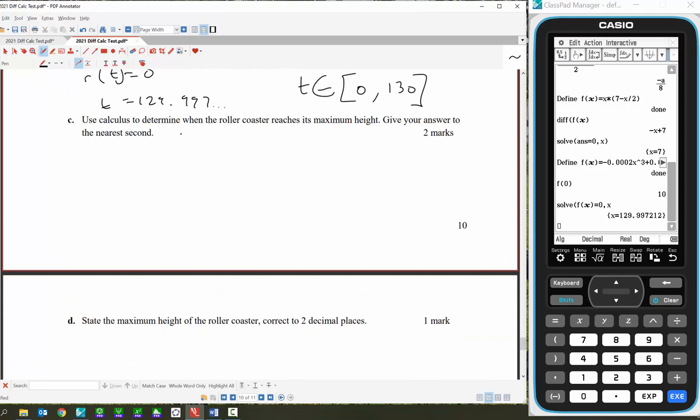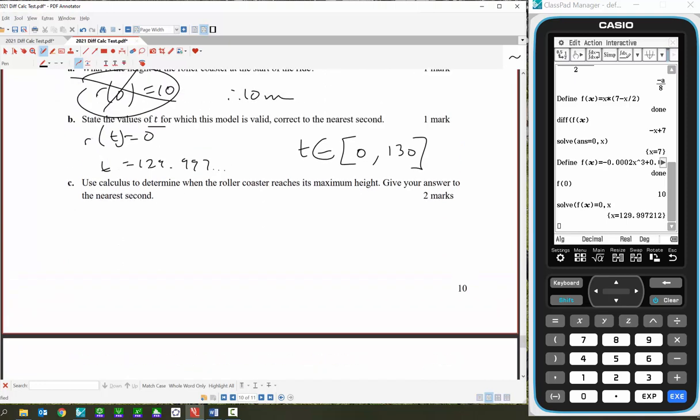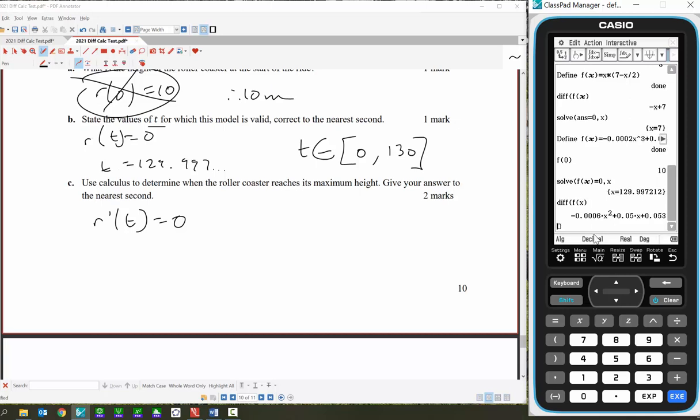Use calculus to determine when the roller coaster reaches its maximum height. So all we need to write down to say that we've used calculus is r dash t equals 0. That's using calculus. Now we go to the calculator. We diff f of x. So there's the derivative.